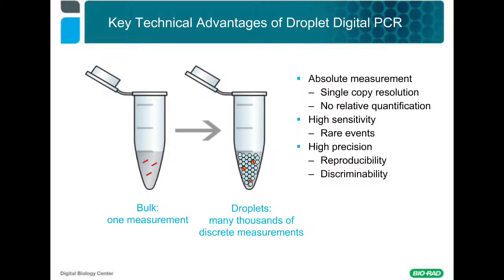Third, because each droplet will give a yes or no answer, ddPCR is much more tolerant of PCR inhibitors than other quantitative methods, and this will be particularly stressed during this presentation. Finally, the quantification that you obtain by digital PCR is absolute and of high precision, and this can allow detection of subtle changes in either gene expression or copy number variation or even pathogen presence.